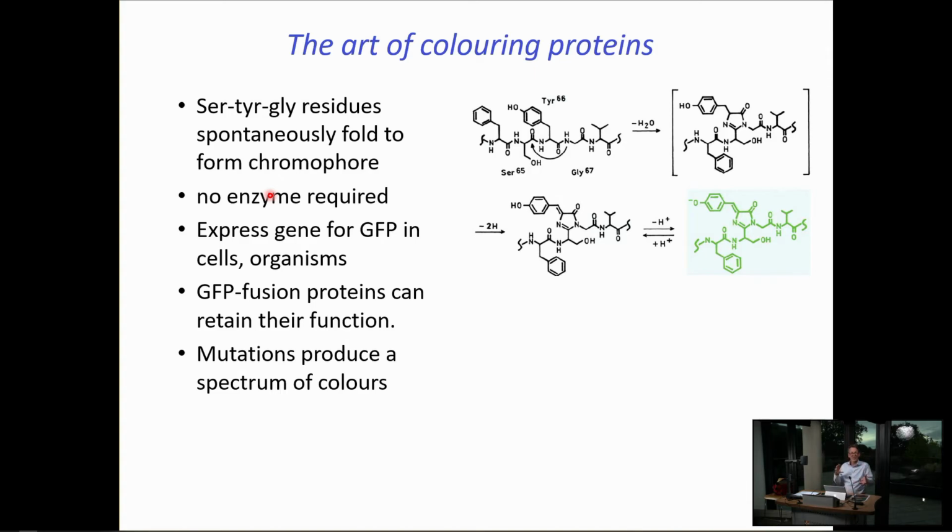It's remarkable. It doesn't require any machinery, enzymes and so on, to fold into the shape where it makes this fluorophore, and that's why this technology is so immensely powerful. So it spontaneously forms into this barrel structure and becomes highly fluorescent.